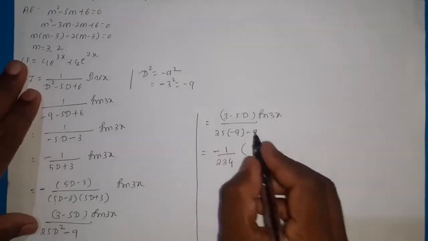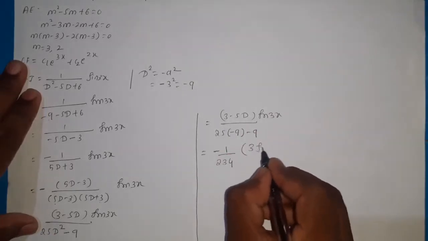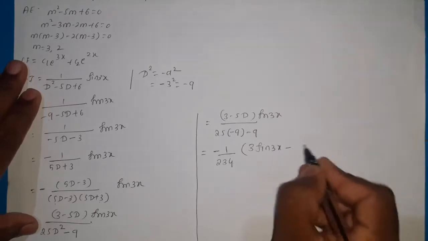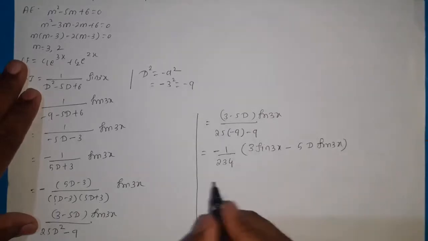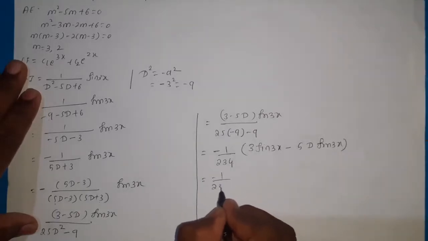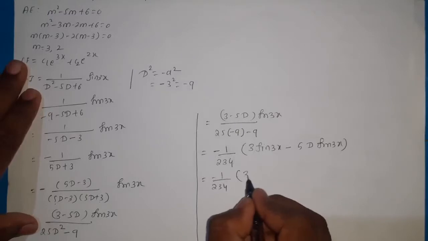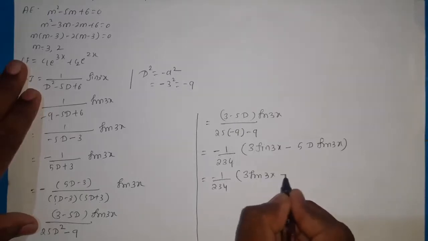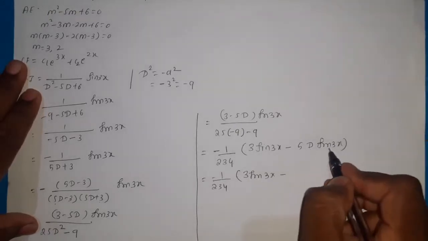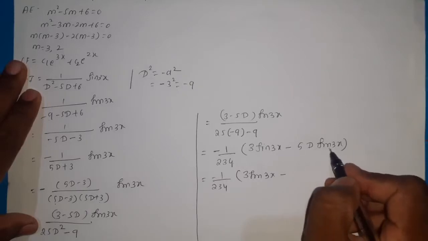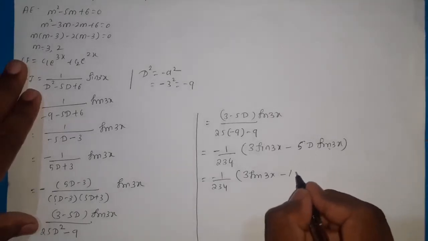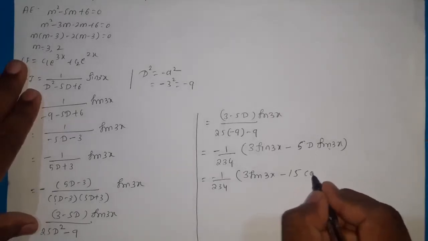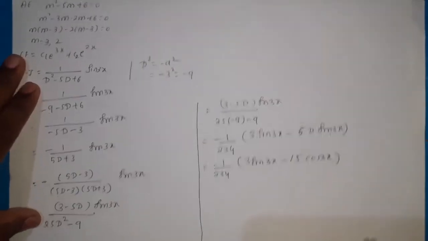Then in the numerator, 3 into sin 3x minus 5 into D into sin 3x. So therefore -1 divided by 234 times (3 sin 3x - 5 D sin 3x). D of sin 3x means the differential of sin 3x, that is 3 cos 3x. Already 5 is there, so 5 into 3 becomes 15 cos 3x.